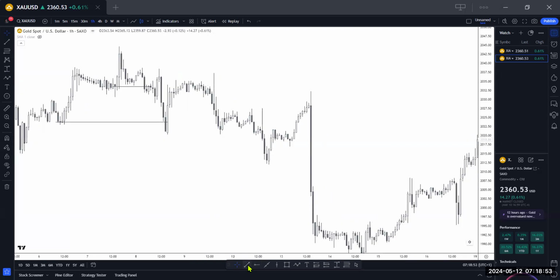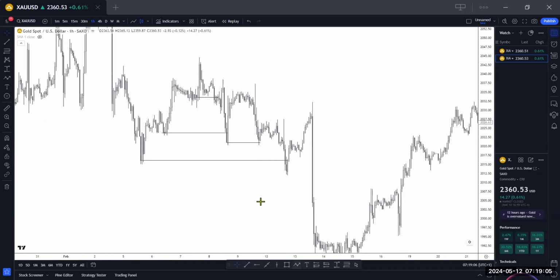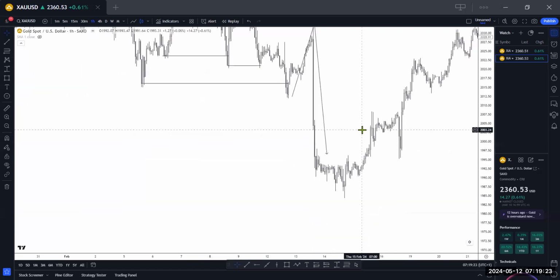So again, see price break, first breakout, second breakout. What do you see again? Pull back, shot down. So the first trade: first break, second break, entry. When this starts to move, you see first break, second break, retrace, entry.